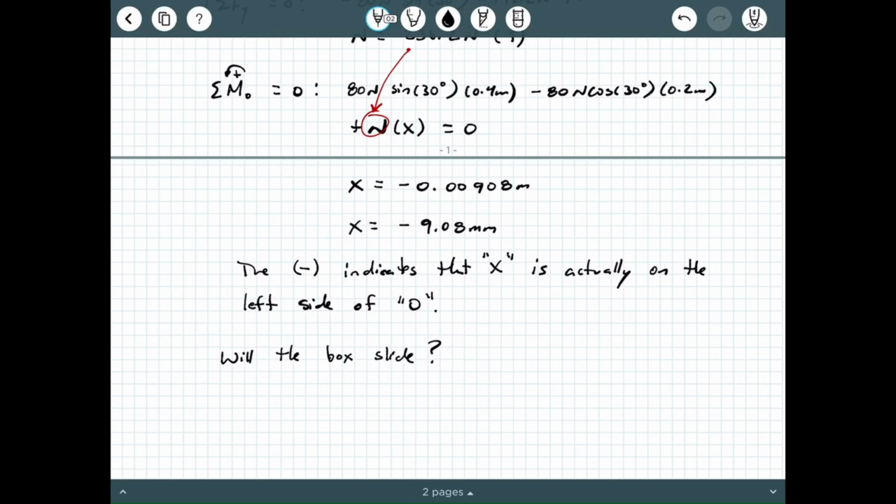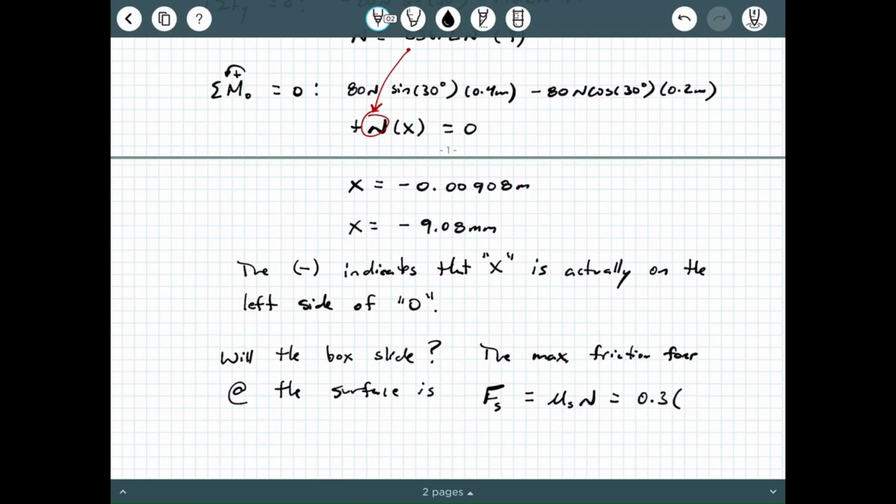What would be the maximum friction force at that surface? The max friction force, and this is static friction force, at the surface is what? It's going to be F sub S equals mu sub S times the normal force, which is 0.3 times 236.2 newtons.